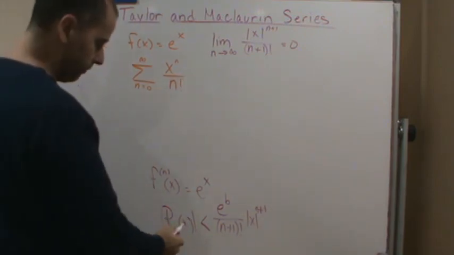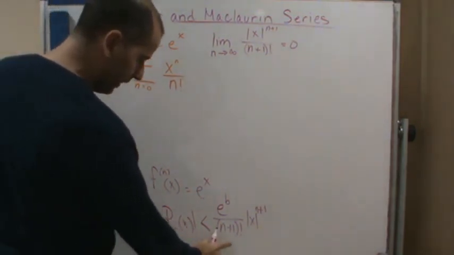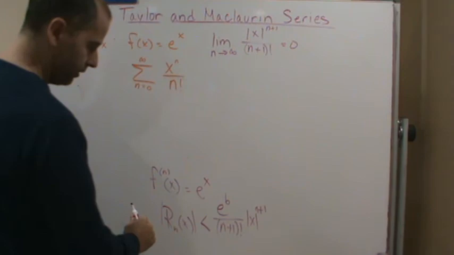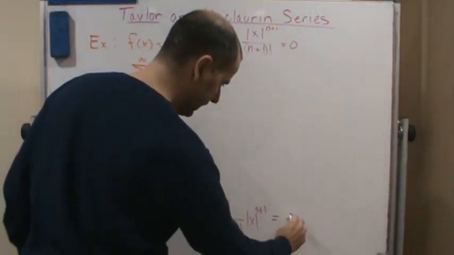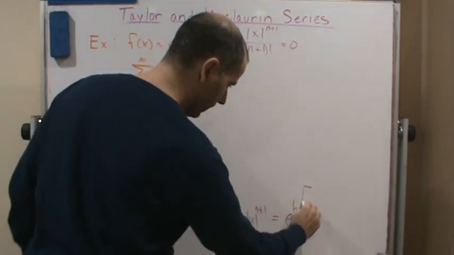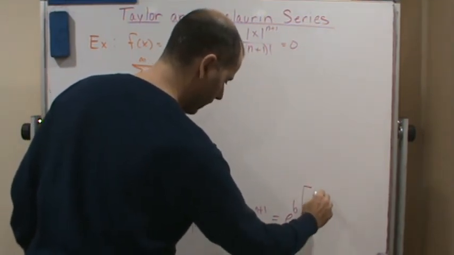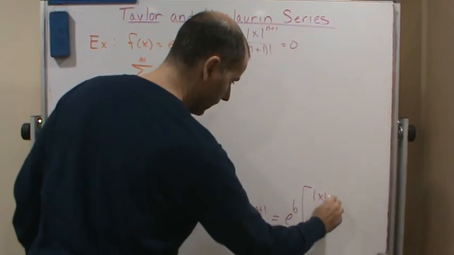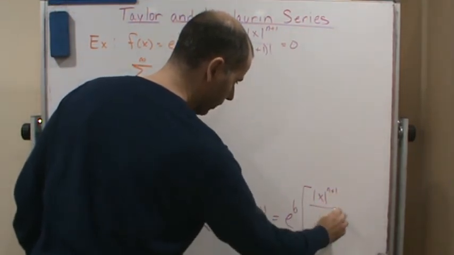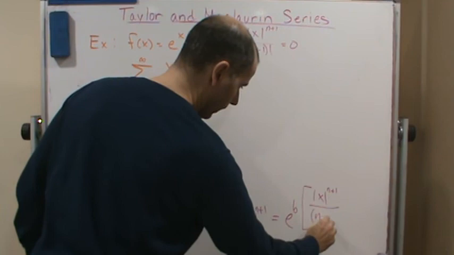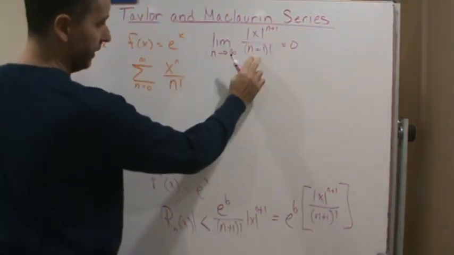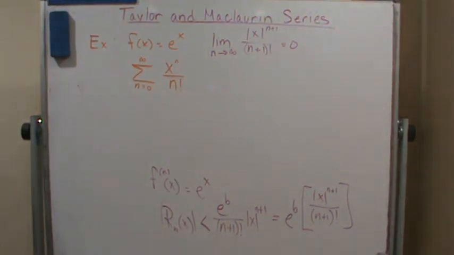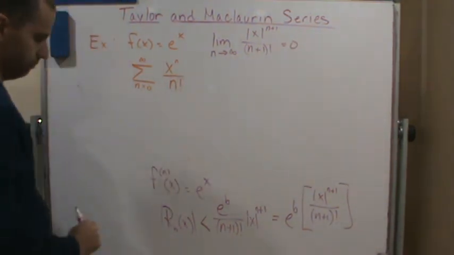Okay, so we know this has to be less than this, which, by the way, we can rewrite as e to the b times the absolute value of x to the n plus 1 over n plus 1 factorial. Well, this is just this. So we know this limit is 0.